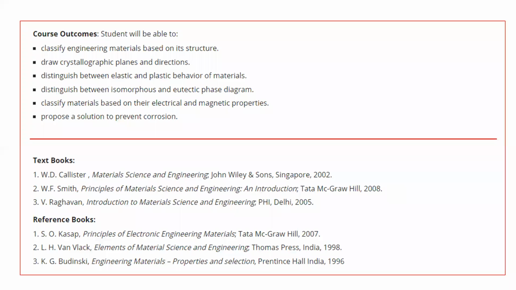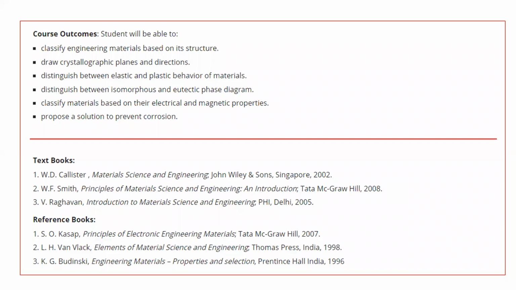You will be able to classify any material into those relevant subcategories based on the structure, and since the structure is now known to you, you will also be able to predict the properties which you will achieve from those materials. At last, once you understand the process of corrosion, you will be able to provide engineering solutions to prevent corrosion in the solid. So these are the 6 outcomes pertaining to 6 units.